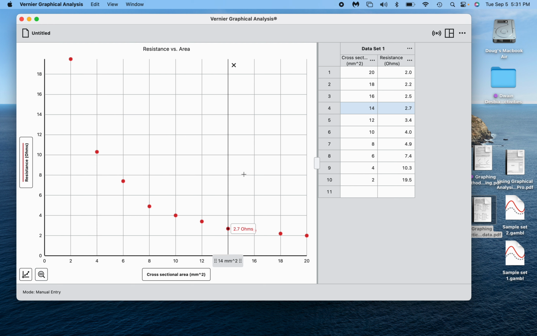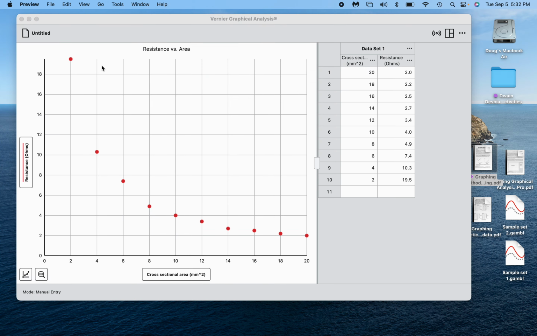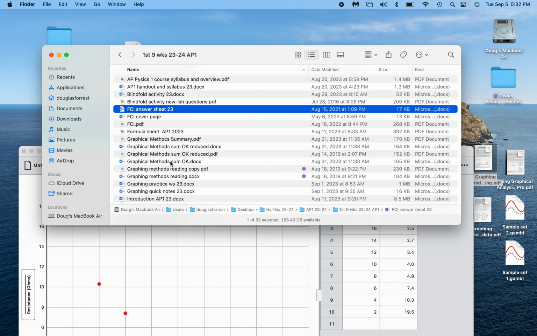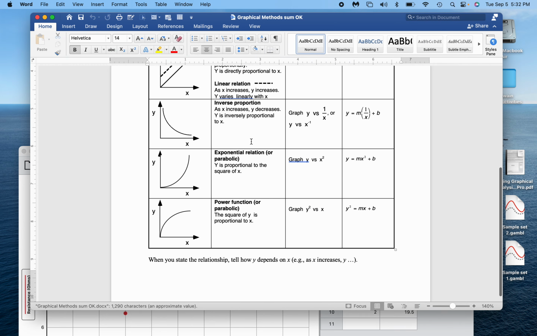Okay, so what I want to do now is create a new calculated column. When I look at my graphical methods summary, the graph looks like this.